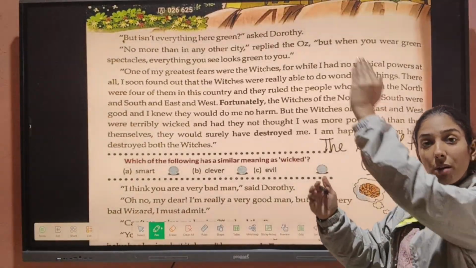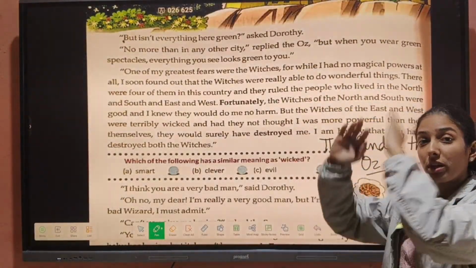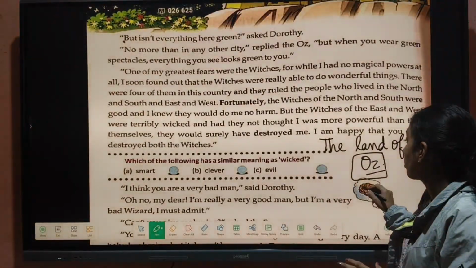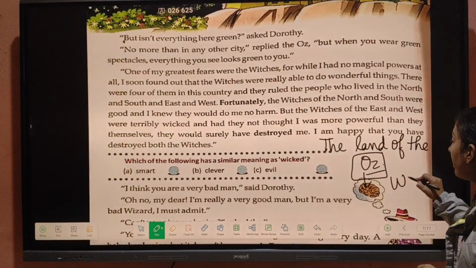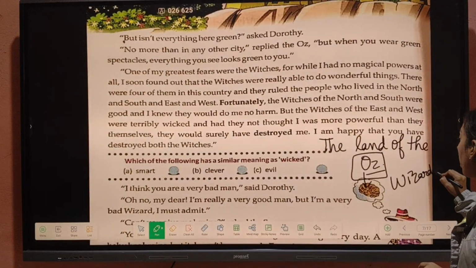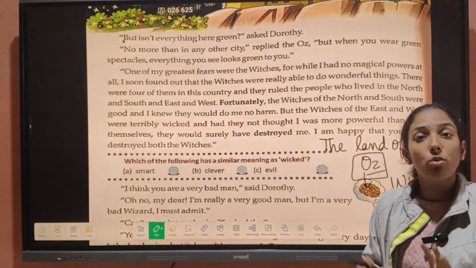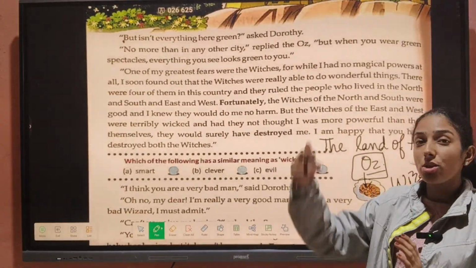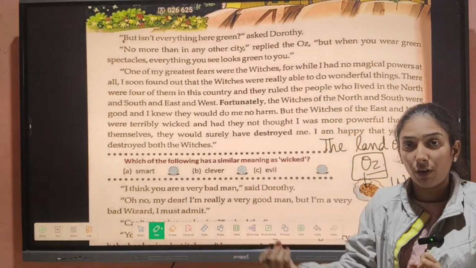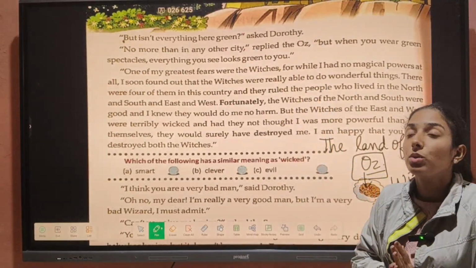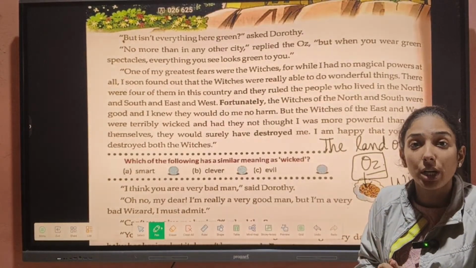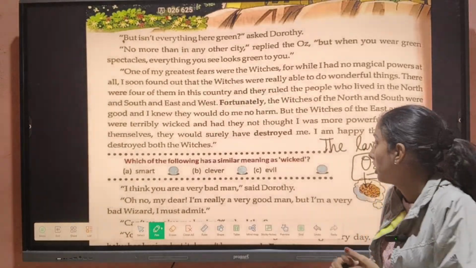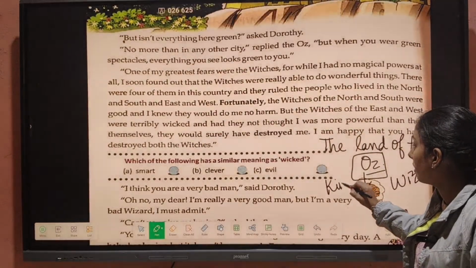And as he was coming down from the balloon, from the clouds, the people of the land of Oz thought that he is the great wizard. The people who were living in the land of Oz thought that he is coming from the clouds, that he is a wizard, a person who has magical powers, and they accepted him as their king.